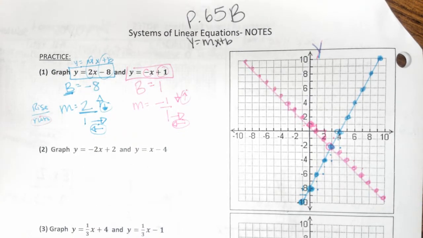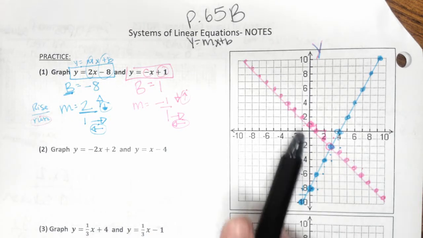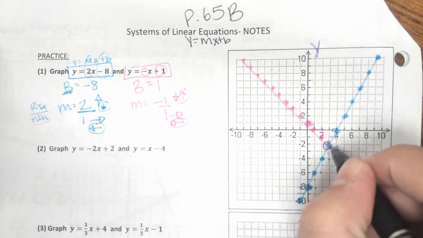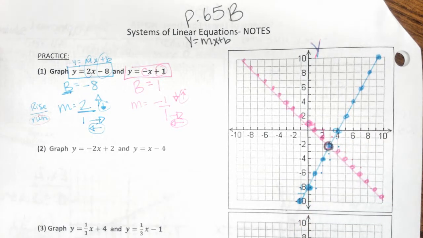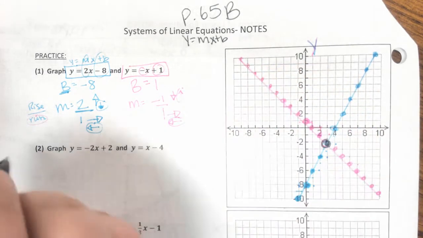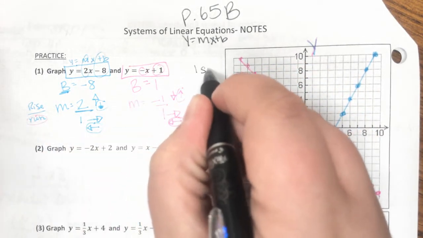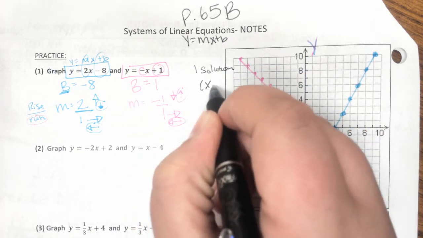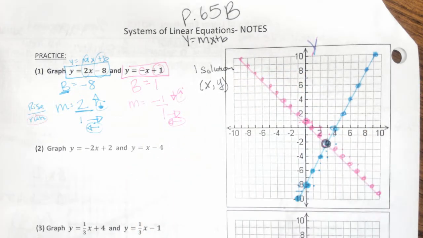Now I have a system of linear equations. I have two linear equations here. And the solution is wherever those two lines cross each other, which happens to be right here. There's just one solution. I can write that ordered pair as x comma y.